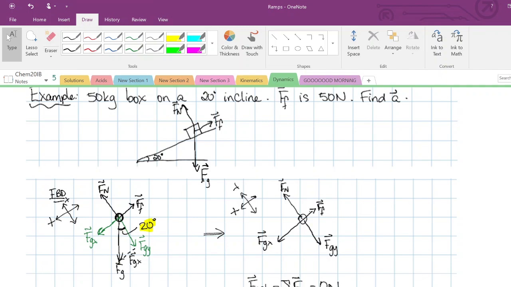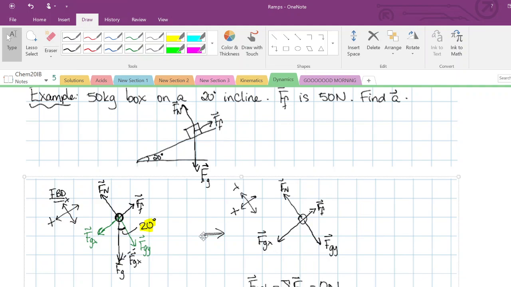And because that force gravity is at an angle to the y-axis, we're going to have a y component and an x component to my force gravity. The one that runs along the y-axis will be the force gravity perpendicular, and the one that runs parallel to the x-axis will be the force gravity parallel.